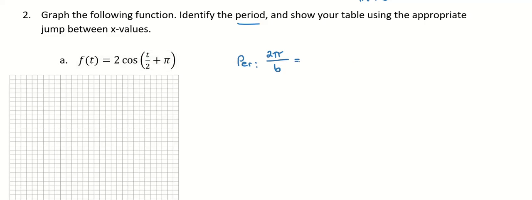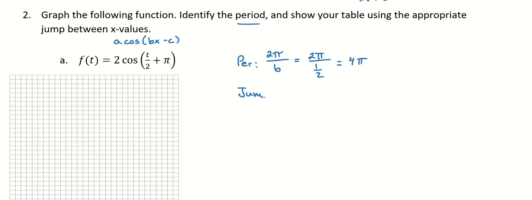So when we plug in b equals 1/2, and I'm using a cosine of bx minus c when I'm referring to these things, I see that t over 2 is the same thing as 1/2 t, which is exactly what I'm going to use here. So playing around with this, we get 2 pi over 1/2, which winds up being 4 pi, because I just multiplied by the reciprocal. So the period's 4 pi.